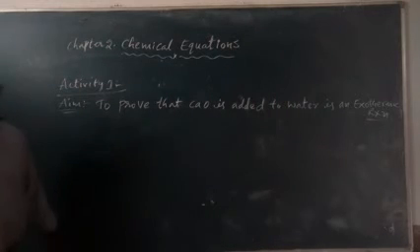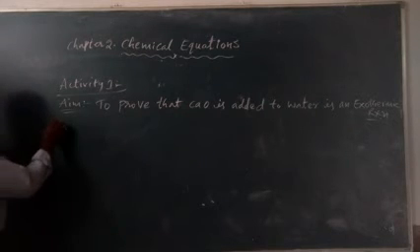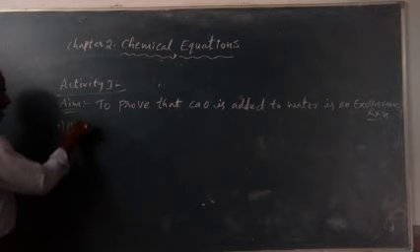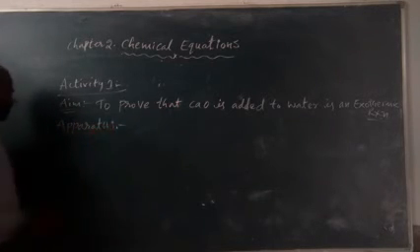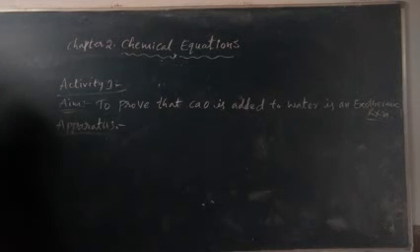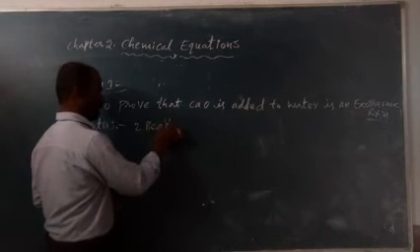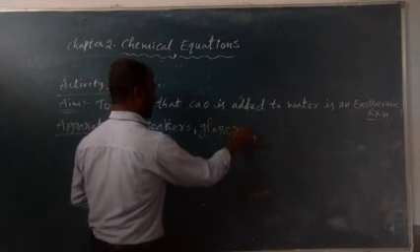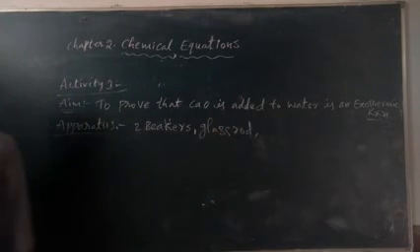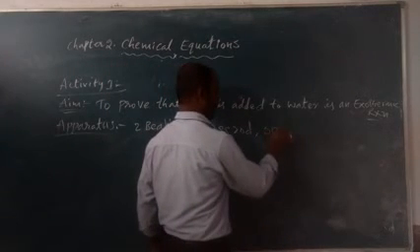Next, what are the requirements we need for this? That is the apparatus. What do we require? Two beakers, glass rod, spatula. Spatula means a spoon.